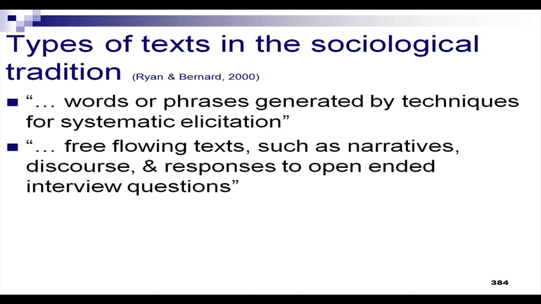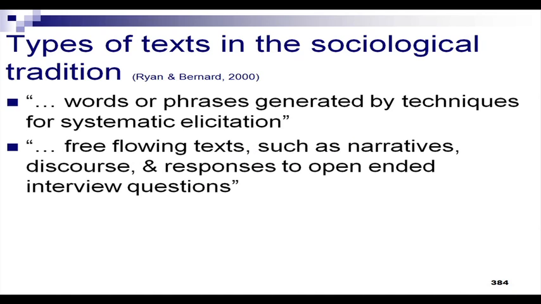There are two types of texts in the sociological tradition. The first type is words or phrases generated by techniques for systematic elicitation. Elicitation means we are stimulating the situation to generate words or phrases, to generate representations of itself.